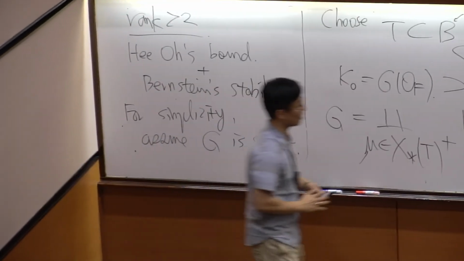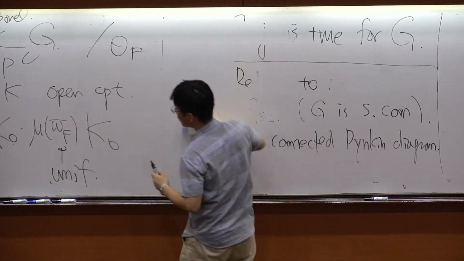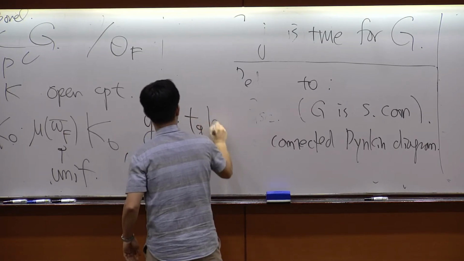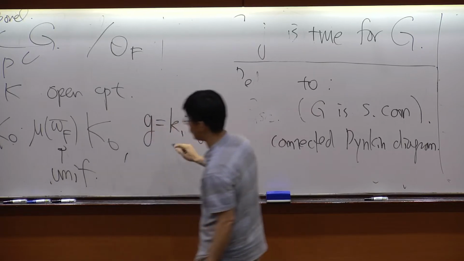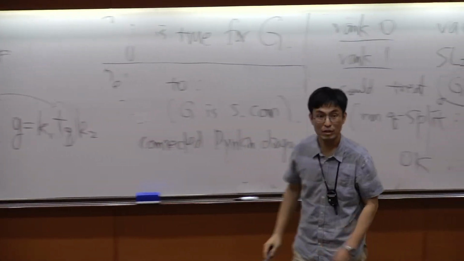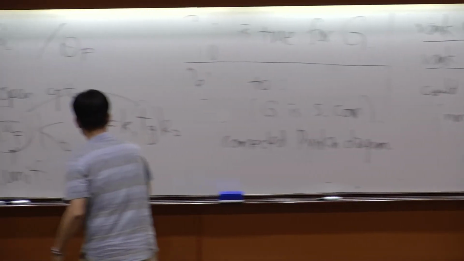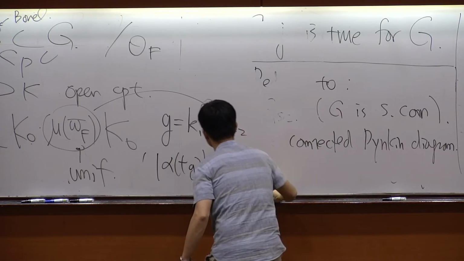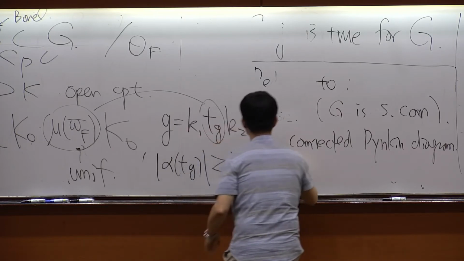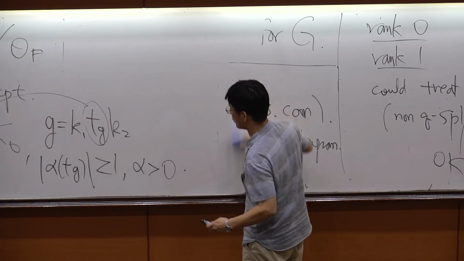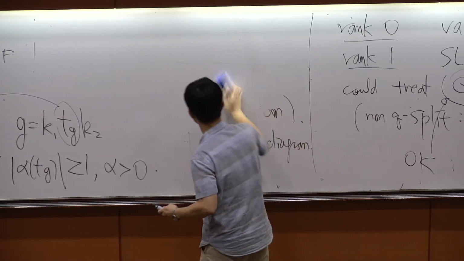So there is this decomposition, and correspondingly, I can write G equals K1 t_G K2, where t_G is just mu of varpi_F for some unique co-character mu, and has the property that for positive roots, the absolute value of alpha of t_G will be greater than or equal to 1.